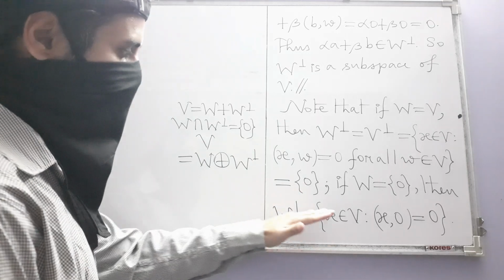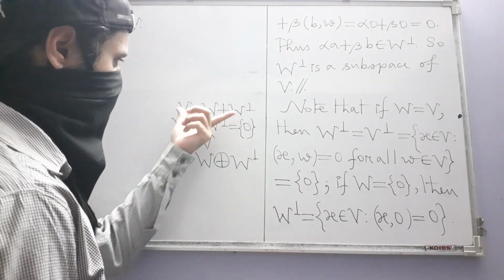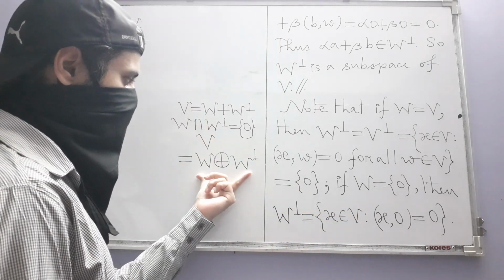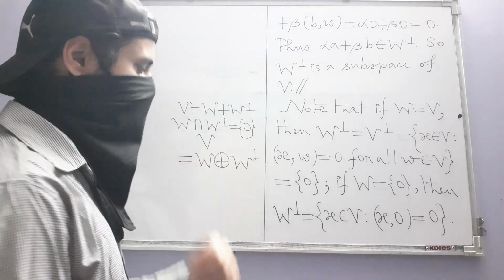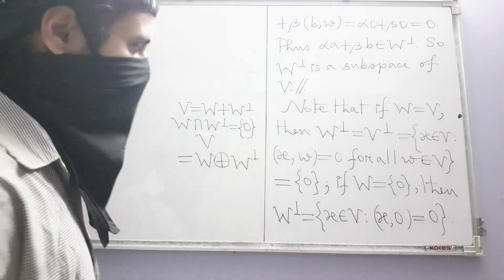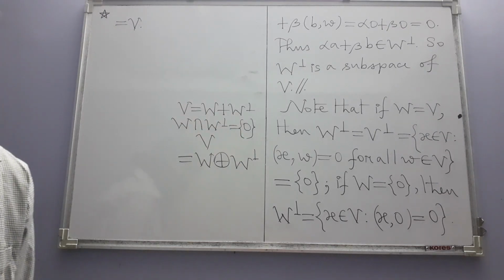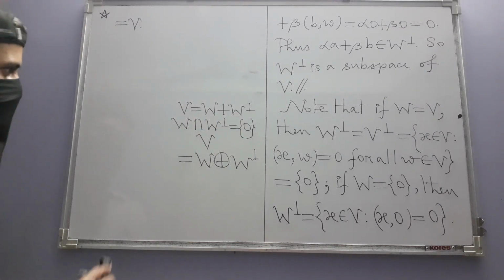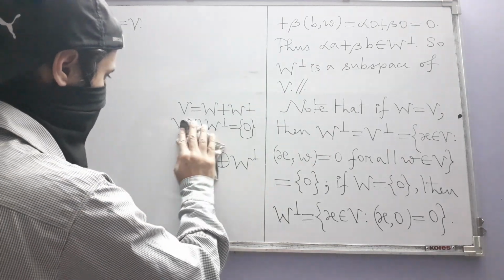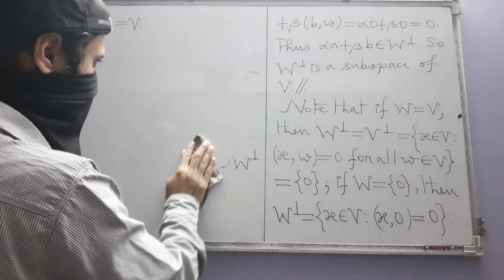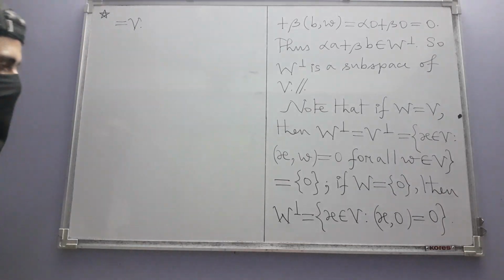It will come at the end of this section, and together these two will enable us to conclude that V is the direct sum of W and W orthogonal. This one we can show now, and we are going to do so now. That is, the only vector common to a subspace and its orthogonal complement is the 0 vector.